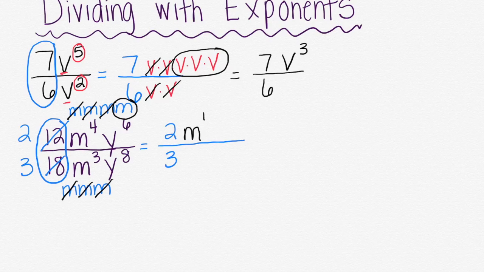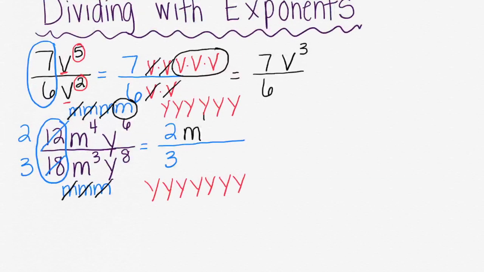For y's, we have 6 of them, okay? So I am going to write that over here. I have 6 y's, but down here I have 8. Okay, what's going to happen is I'm going to be able to cancel out 1, 2, 3, 4, 5, 6 y's.